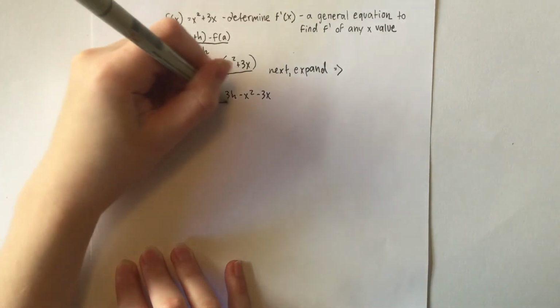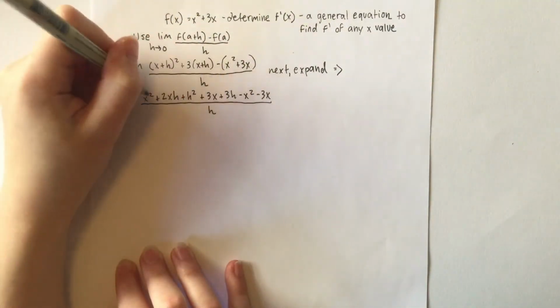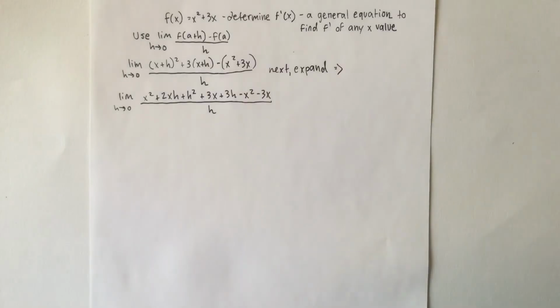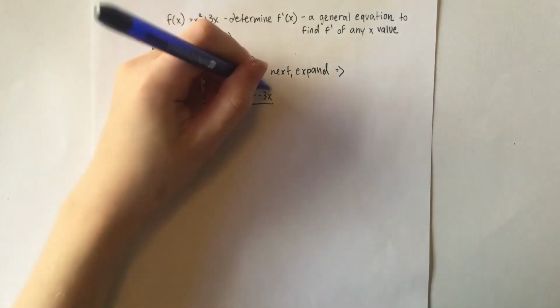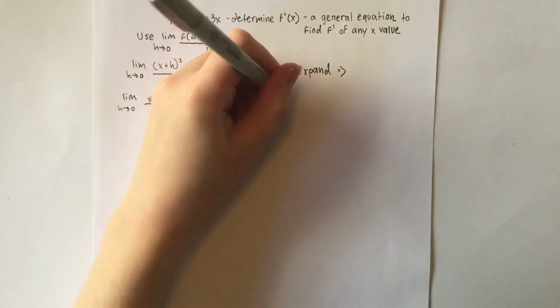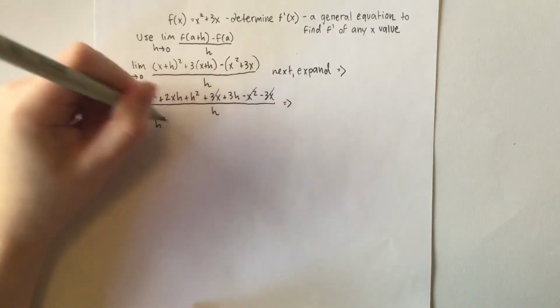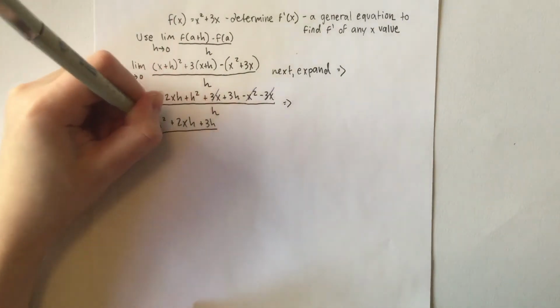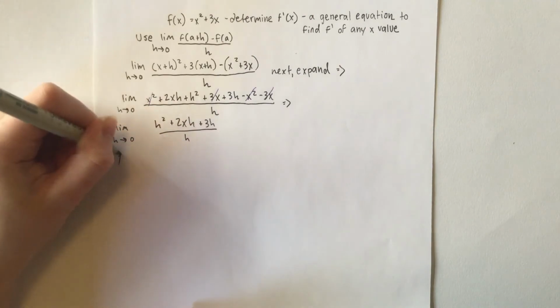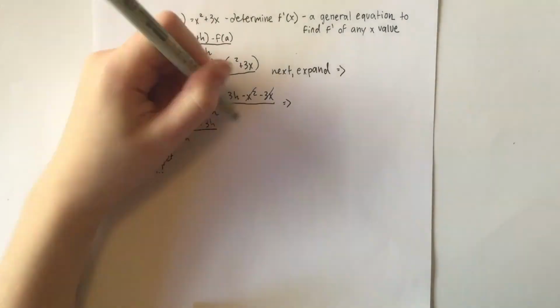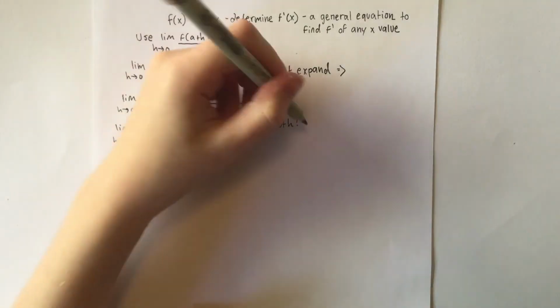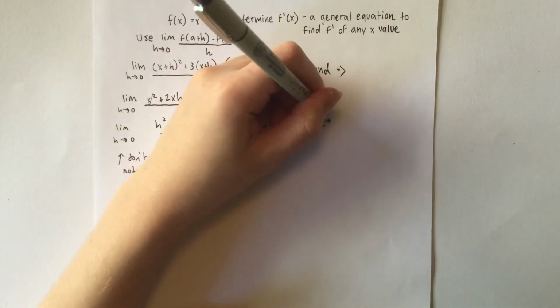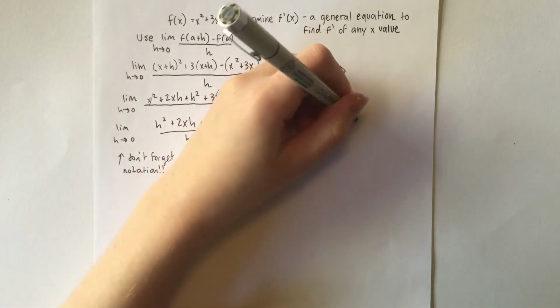The x squared cancels out because there's an x squared and a negative x squared, and then the 3x and negative 3x cancel out. And then you're left with h squared plus 2xh plus 3h over h. And there's an h everywhere, so you can factor out the h. So then it becomes h times h plus 2x plus 3.